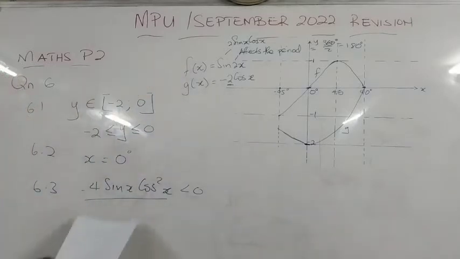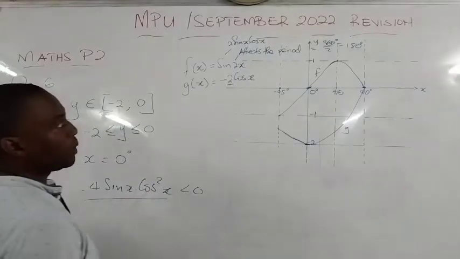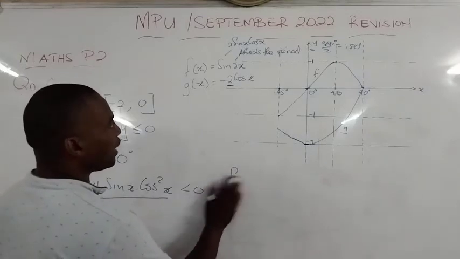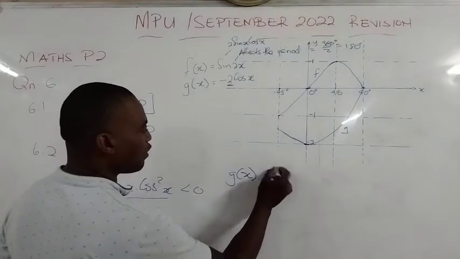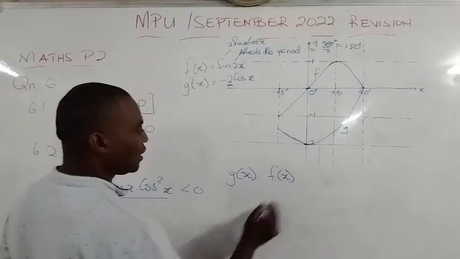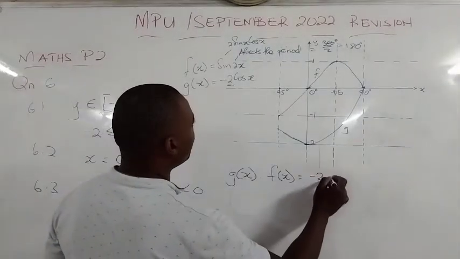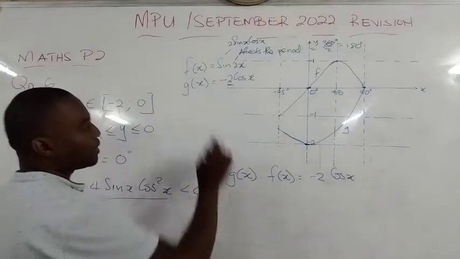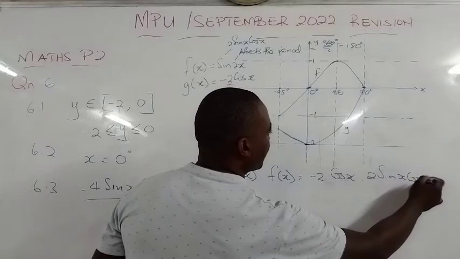Now if you check, basically it's about multiplication. If we say g of x times f of x, what are we having? That is negative 2 cos x times, remember, sine 2x is 2 sine x cos x.